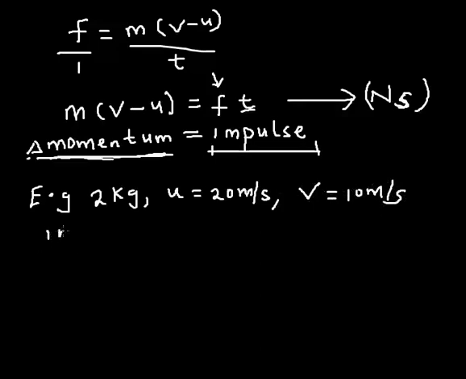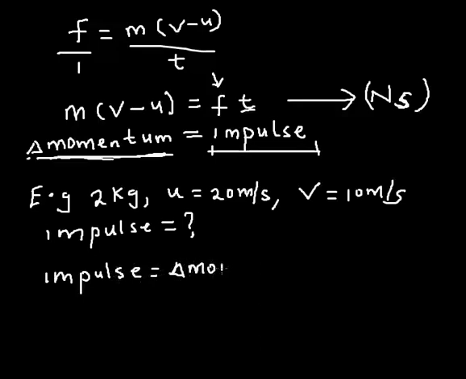The question is, evaluate the impulse. The impulse on that particular body is equal to the change in momentum, which is giving us mv minus u.